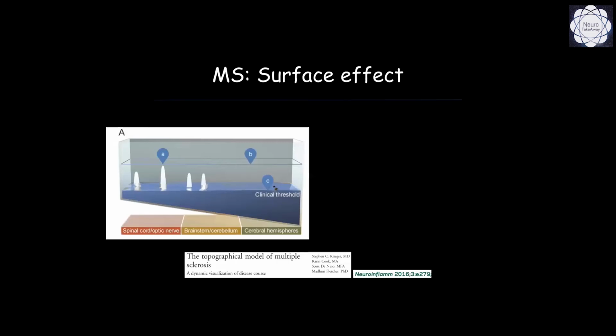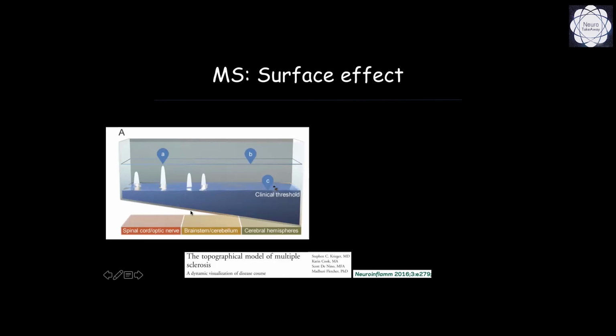It's interesting to know that MS doesn't have just to do with the presence of lesions. The other half of the problem is the plasticity of the brain in order to compensate for these lesions. Here we have the nice dynamic model of Stephen Krieger that shows this pool model. We have the water level.